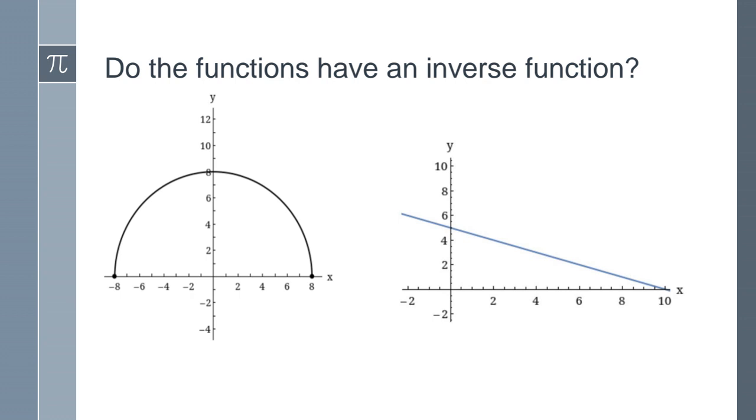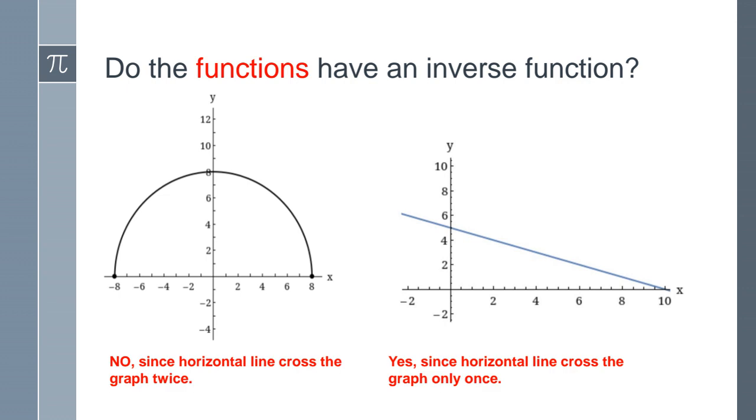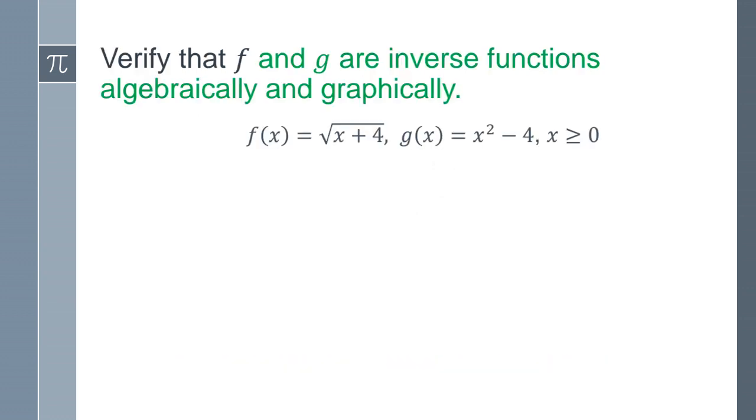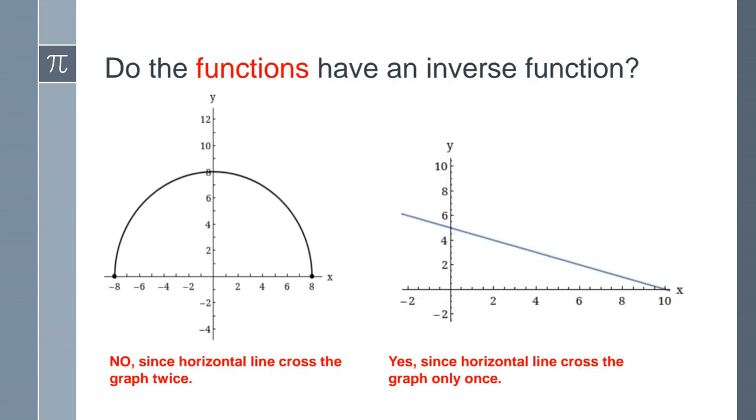And so here it says, do the functions have an inverse? What we can do is apply the horizontal line test. If I draw a horizontal line here, let me get the pen out. If I draw a horizontal line, notice that the line is going to touch in two locations.